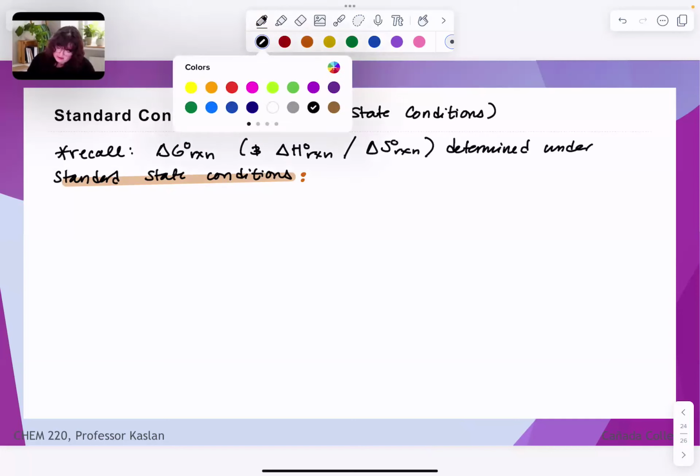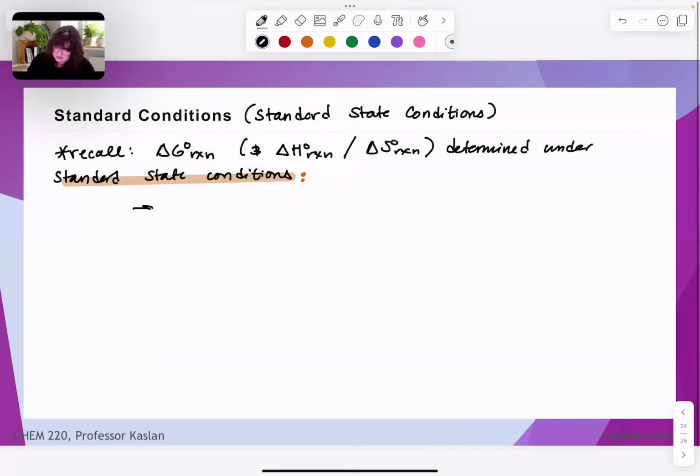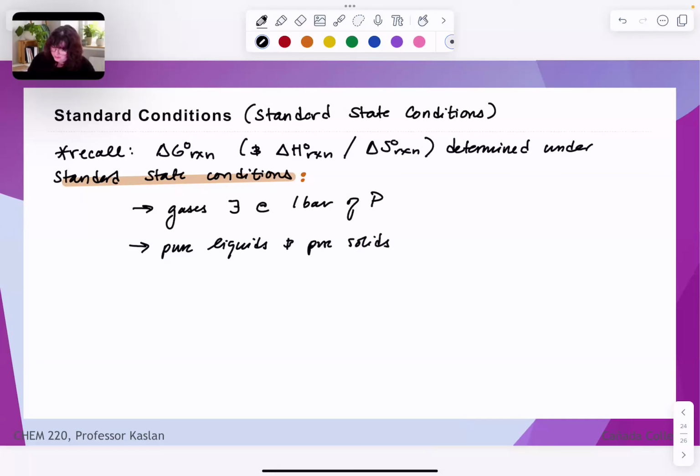So if we have a gaseous substance, they have a pressure of 1 bar. We are looking at pure liquids and pure solids. 1 mole of them.